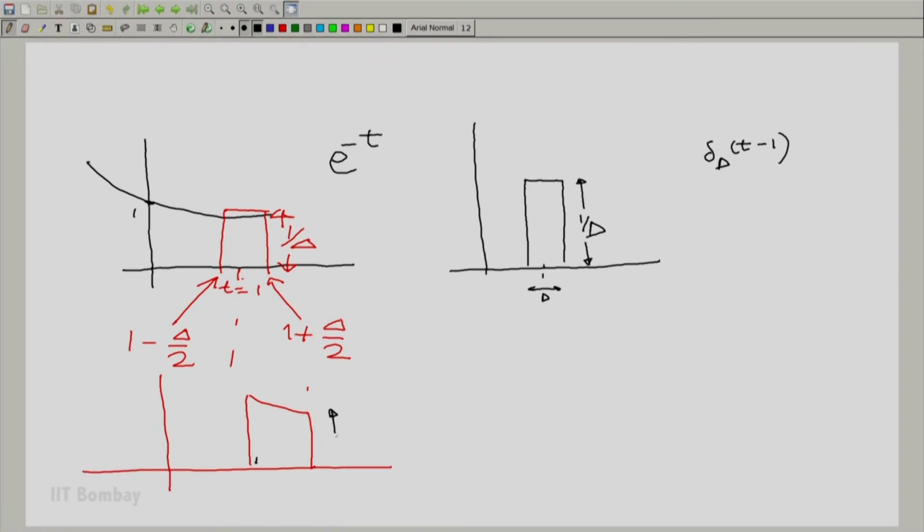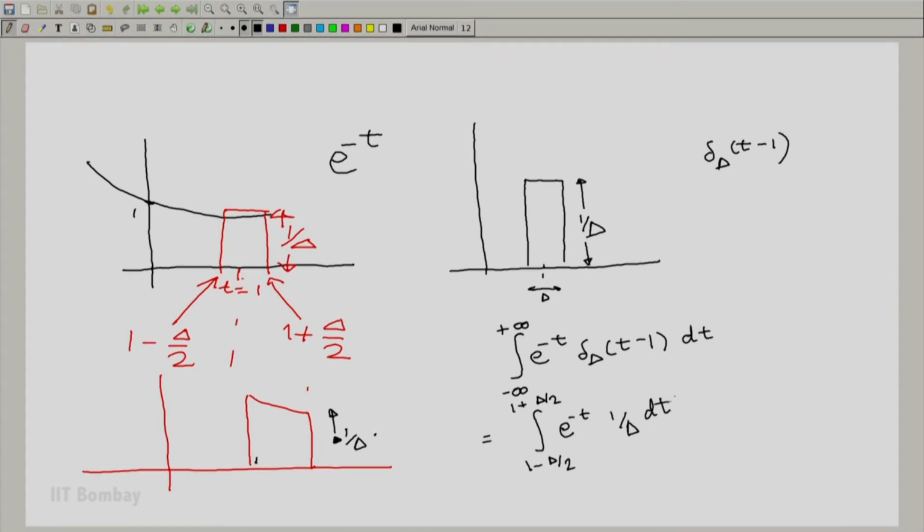So let's just multiply them, right? So let's just calculate the integral. Okay. So e raised to the power minus t multiplied by this over all time. But then that boils down to 1 minus delta by 2, and the value is 1 by delta between these 2 points. That's very correct. So we can go ahead like this. And delta is a constant with respect to t, so it comes out.